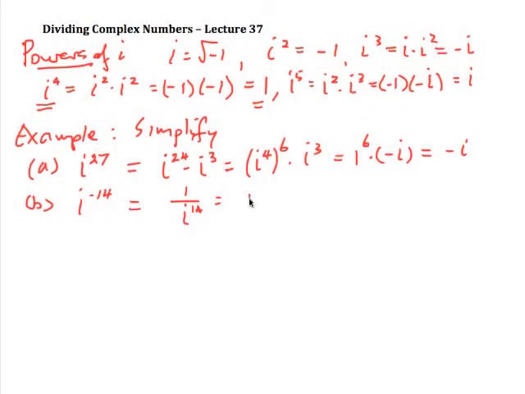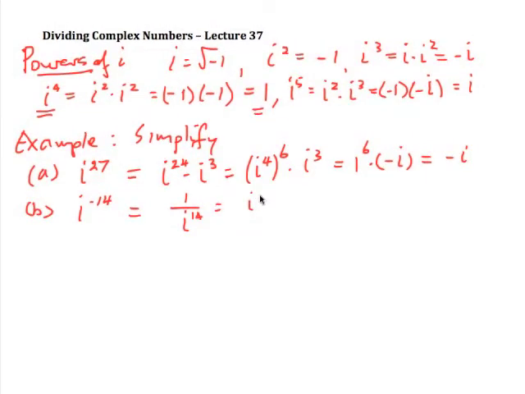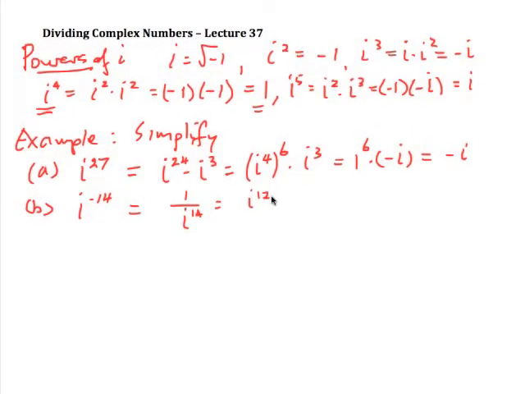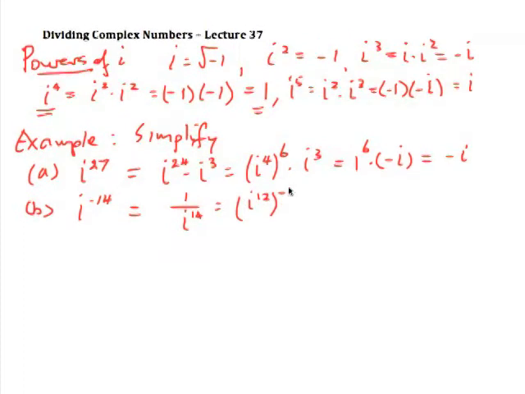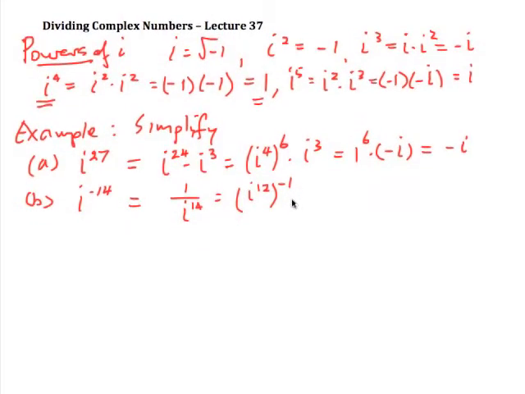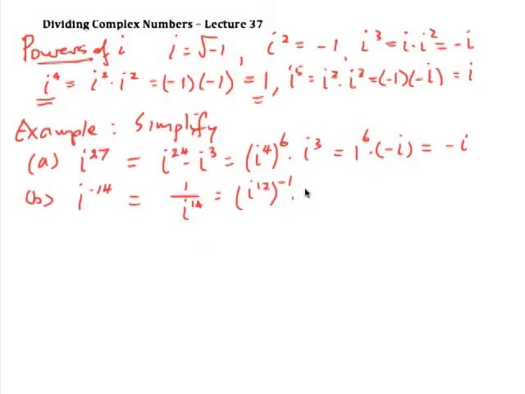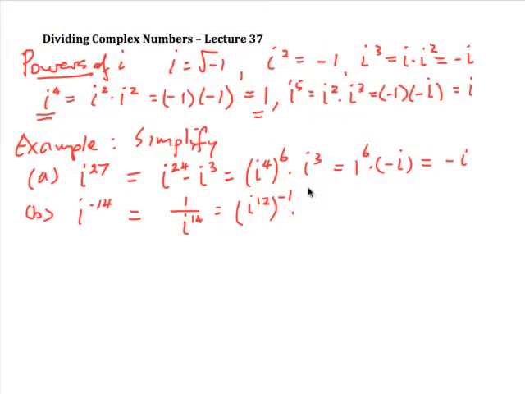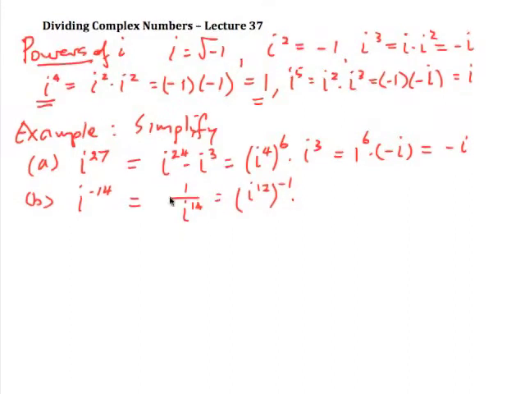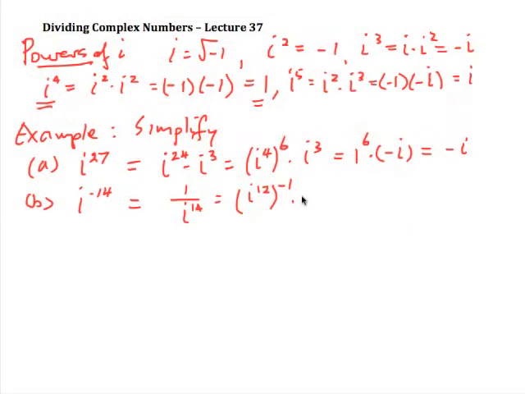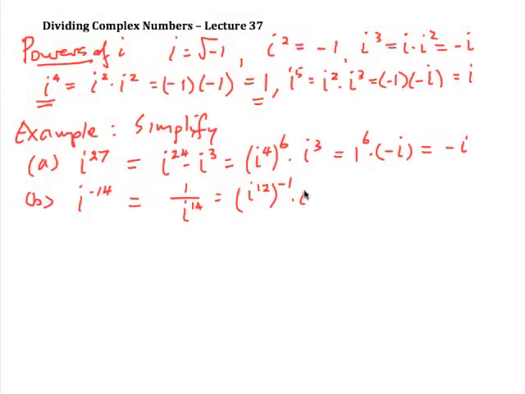What's close to this? This would be i to the 12 to the -1 times, so that'll be -12, so I need -14, so i to the -2.